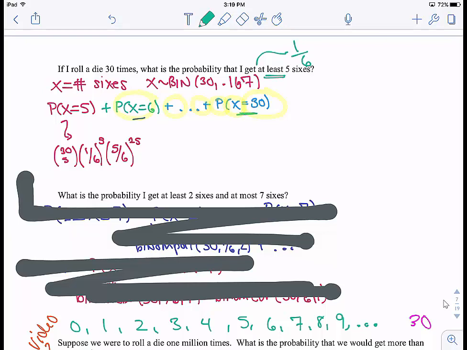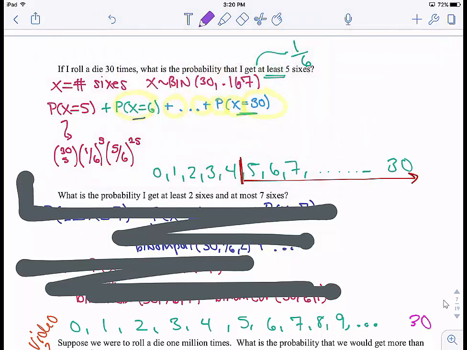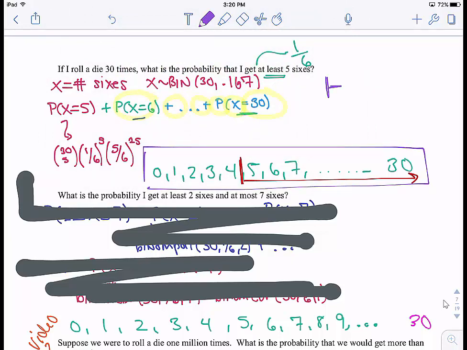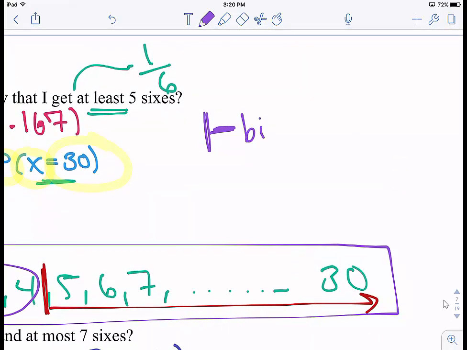Okay, at least, well, if you're going from 0, 1, 2, 3, 4, 5, 6, 7, all the way up to 30, we want at least 5. That's from here over. But remember, the calculator doesn't go to the right. So instead, since we know the whole thing is the 100%, we could do 1 minus this part, and it would give us that other area, or 1 minus binom CDF, 30 things, chance of success is 1/6, and we want 4 or less.